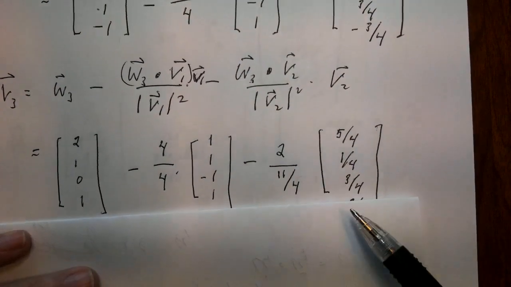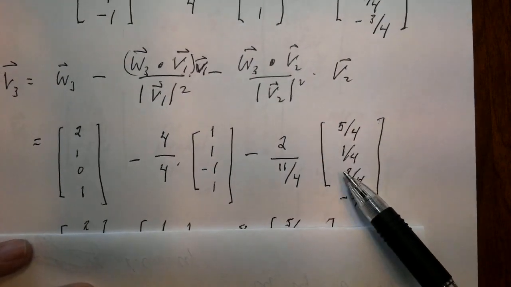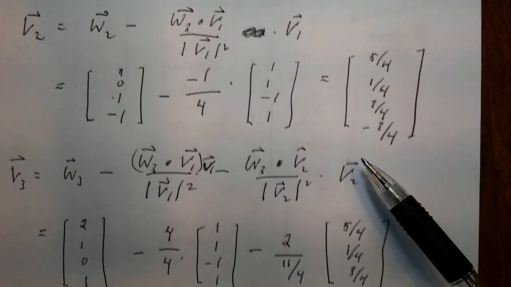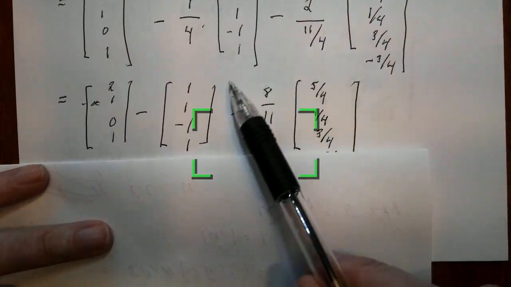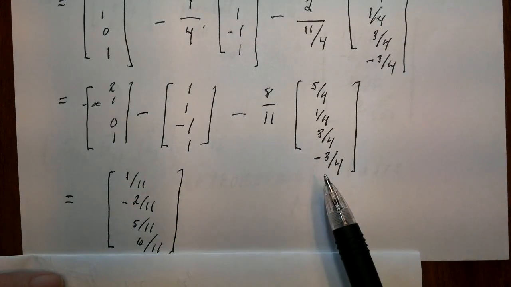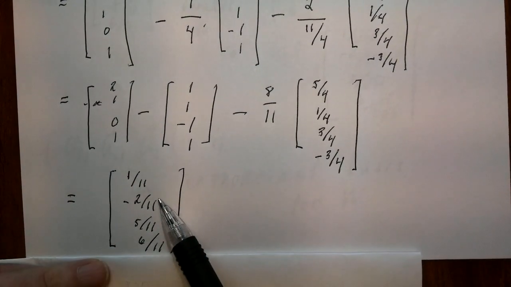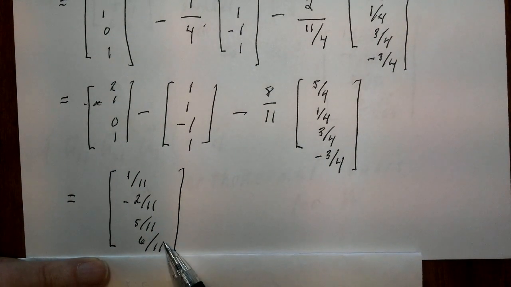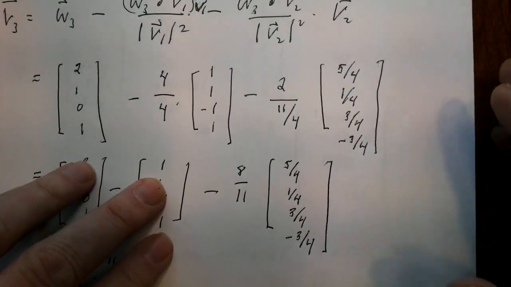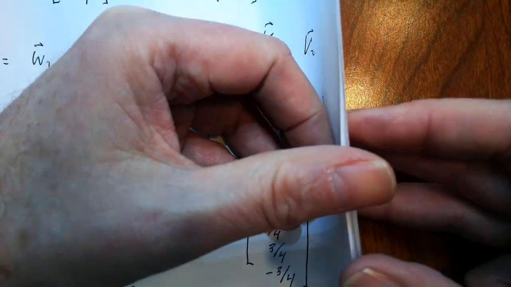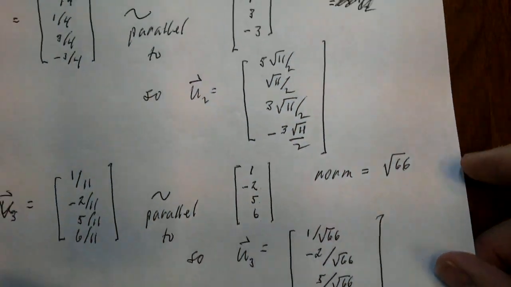I've left out a few calculations here, and here is v2, which we calculated above. If we simplify this whole thing, we in fact get 1 over 11 times (1, minus 2, 5, 6). There's a fair amount of fraction adding going on here, but I have checked this on a computer and I know that it works. So here's where we're at.